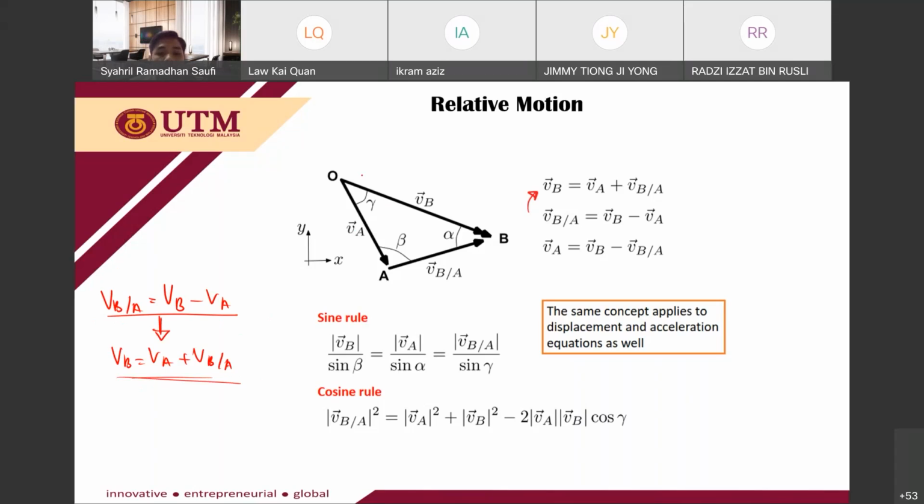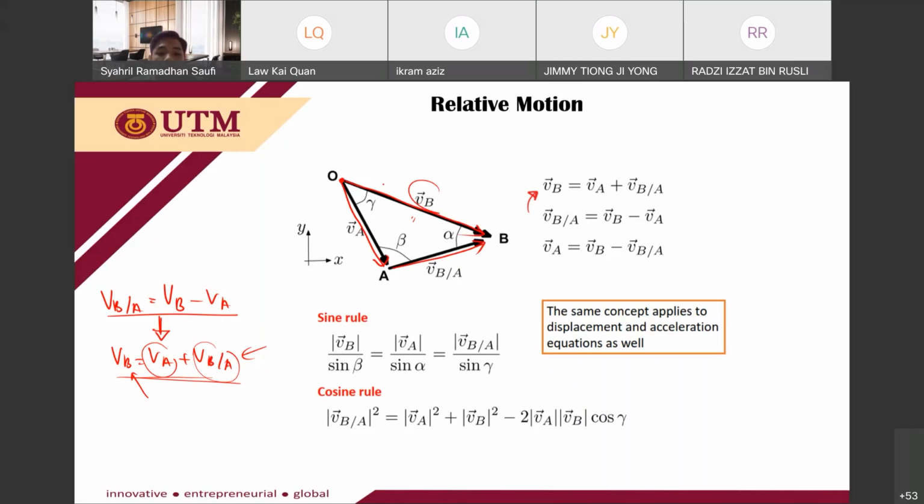When you draw the vectors, it's easy to draw them into a trigonometry or triangle form. Let's say you have vA plus vB relative to A is equal to vB, meaning that starting from vA, adding vB relative to A gives vB.